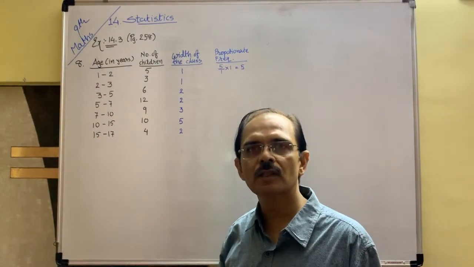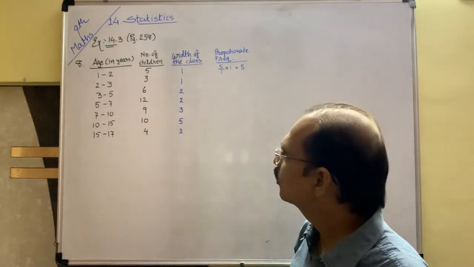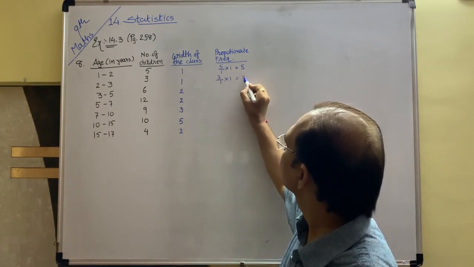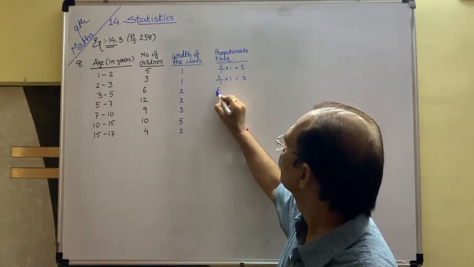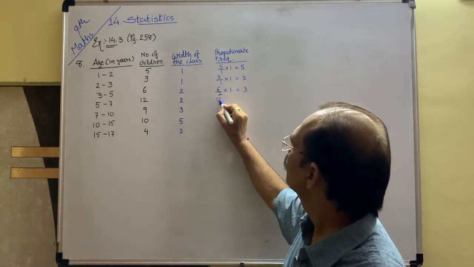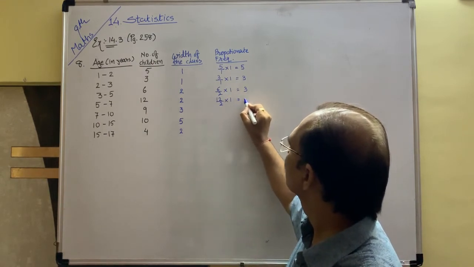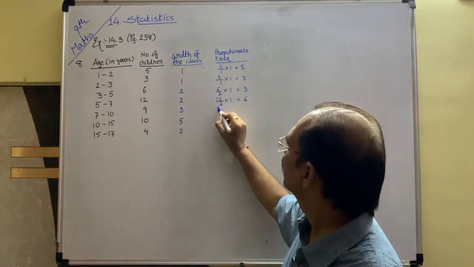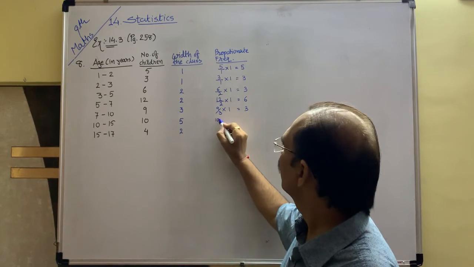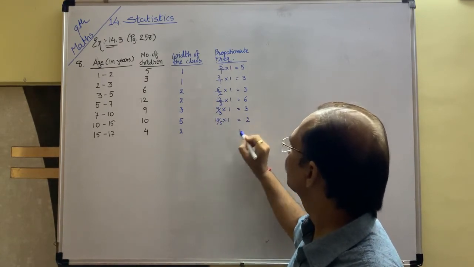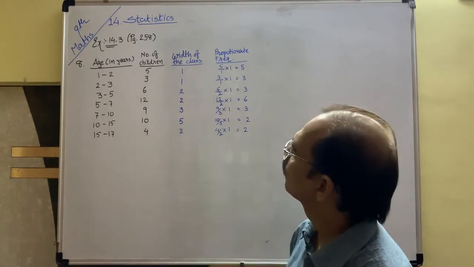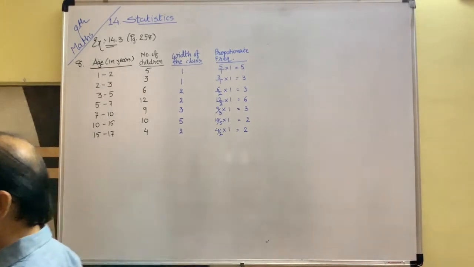In multiplication and division 1 is neutral. 3 divided by 1 multiplied by minimum, that is 3. 6 divided by 2 multiplied by minimum, that is 3. 12 divided by 2 multiplied by minimum width, that is 6. 9 divided by 3 multiplied by minimum, that is 3. 10 divided by 5 multiplied by minimum, that is 2. And 4 divided by 2 multiplied by minimum, that is 2. So in this way you can get proportionate frequency.